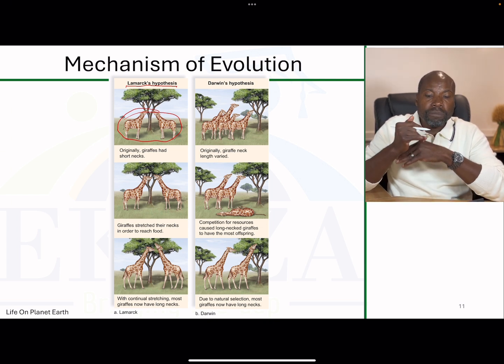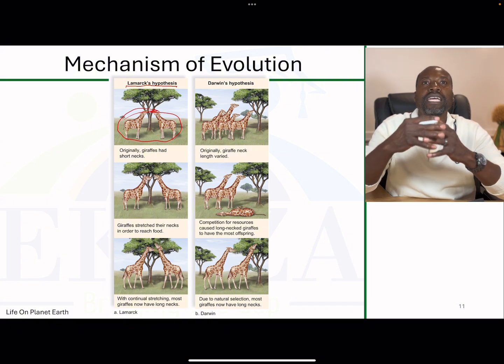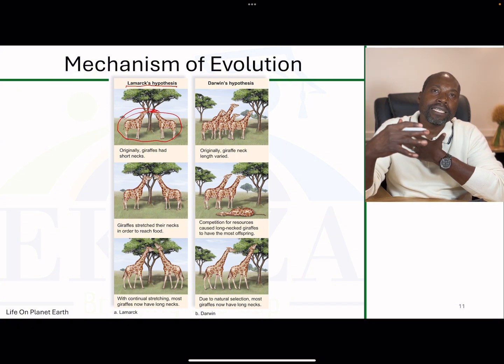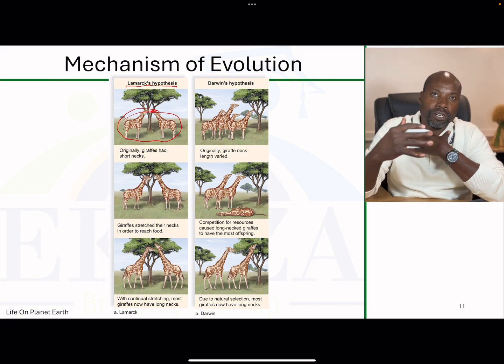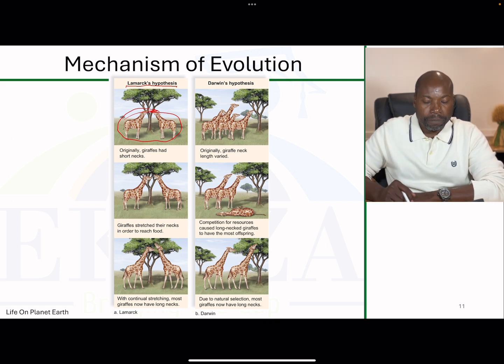As food becomes scarce at low levels, they are going to stretch their necks, right? They stretch their necks and they can actually reach the food. Eventually, by stretching their necks high, they are going to pass that feature of long neck that results from stretching their necks to their offspring.